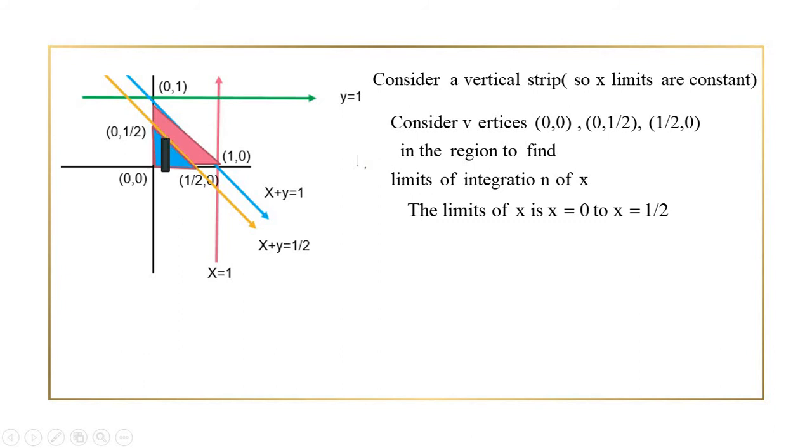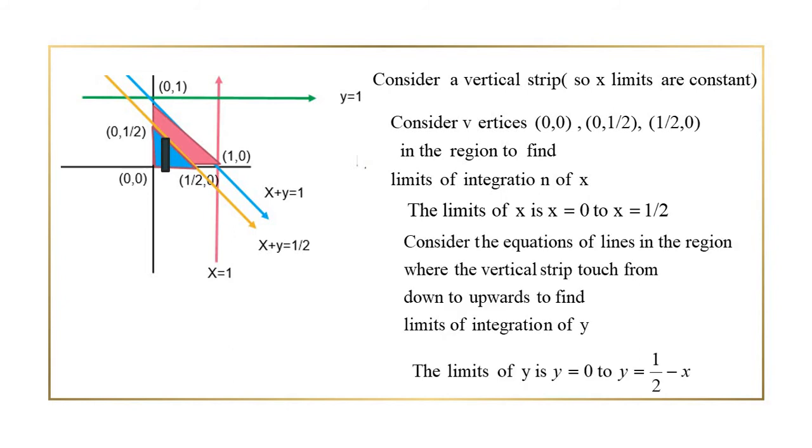It touches the yellow colored line, which is y is equal to 1 by 2 minus x. When you are writing the limits, if it is a vertical strip, always consider the limits from down to upwards. If it is a horizontal strip, consider the limits from left to right. So, here the limits of y are y equal to 0 to y equal to 1 by 2 minus x.